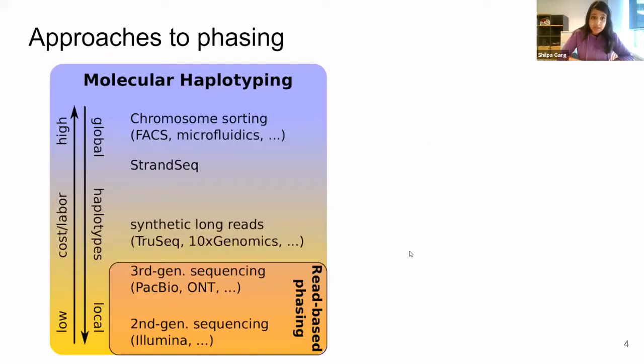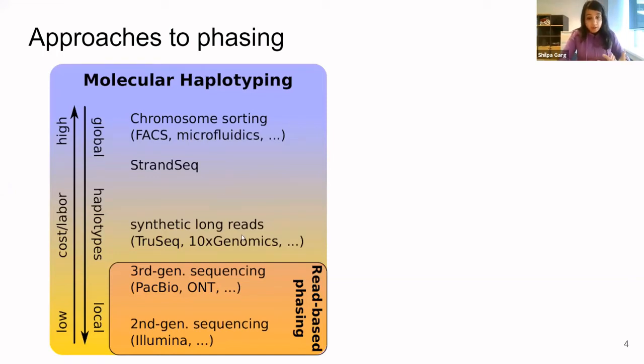The advances in sequencing technologies have created enormous opportunities to assemble these genomes and do the phasing, starting with second generation sequencing with Illumina reads, where the reads are about a few hundred base pairs, to more recent sequencing technologies such as PacBio and Nanopore, where the reads are longer, to more than 100 kilobase pairs in length, and to more recent ones, Strand-seq and 10x, where you can get long range information on the genome.